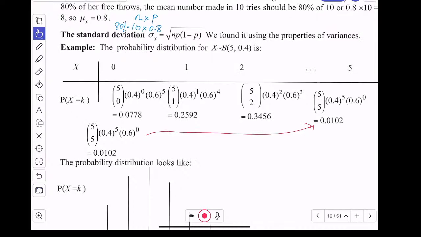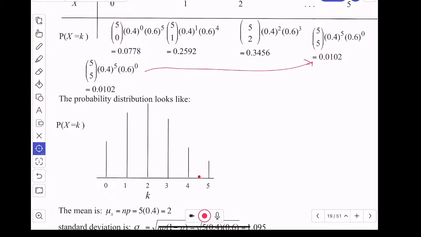And I could graph it. Now looking at this graph, where is the mean? Where is the balancing point of the distribution?